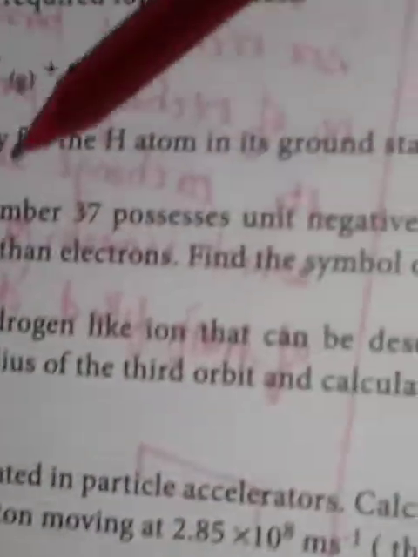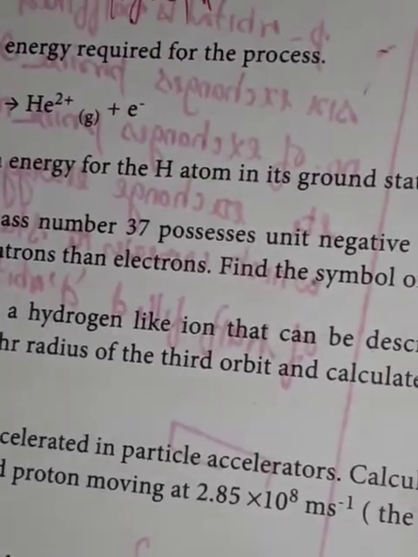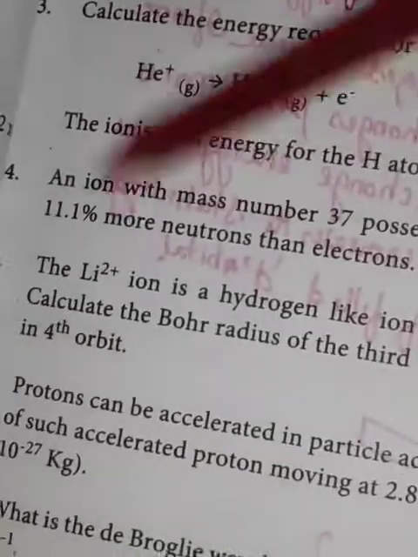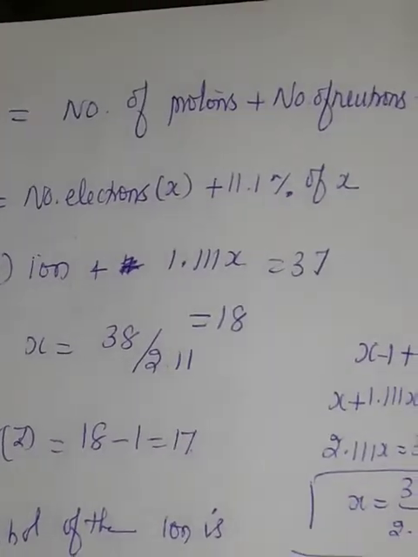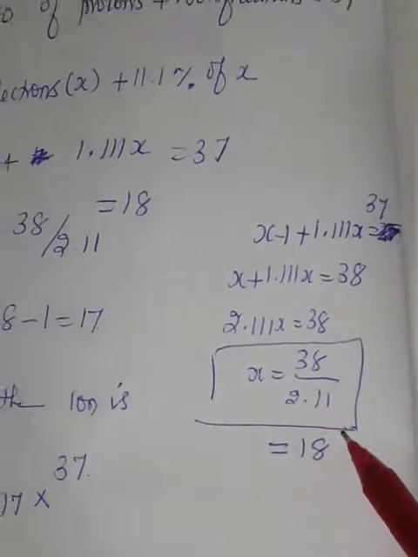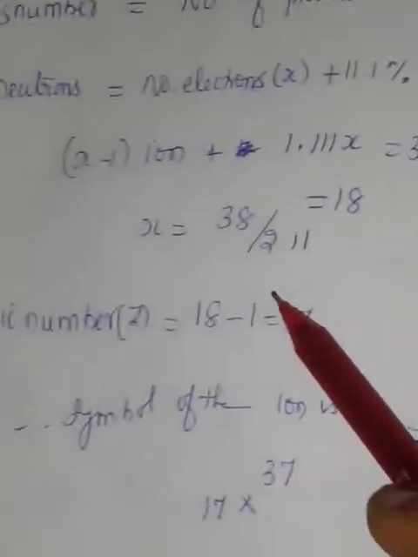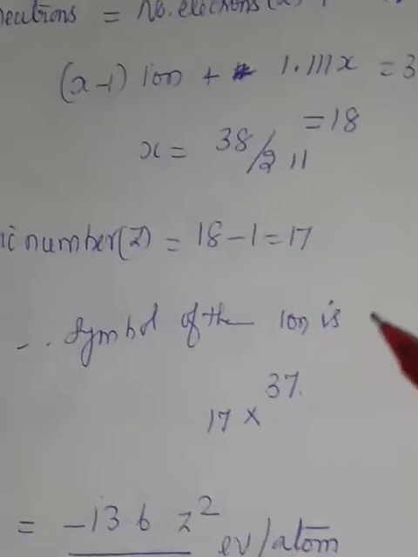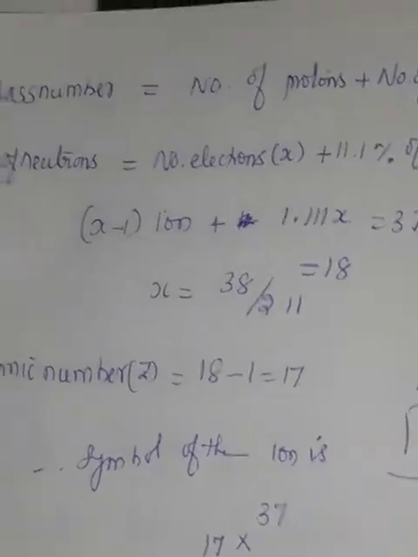Next, 44th question. An ion with mass number 37 possesses unit negative charge, and the ion contains 11.1% more neutrons. Finding the x value: the symbol of the ion is 17x37.